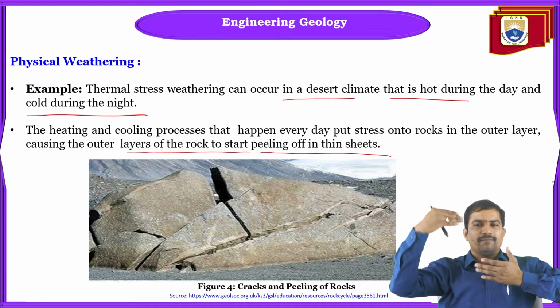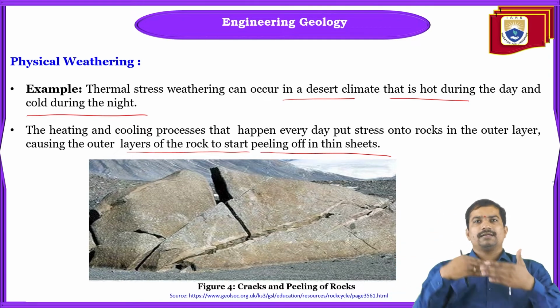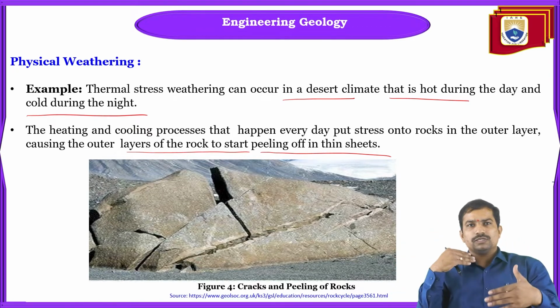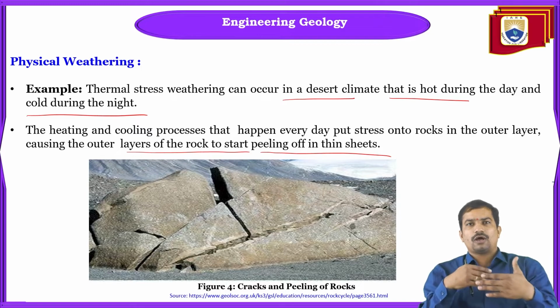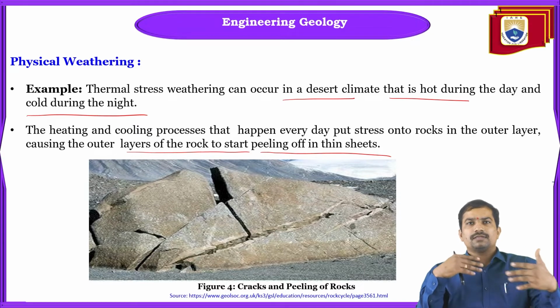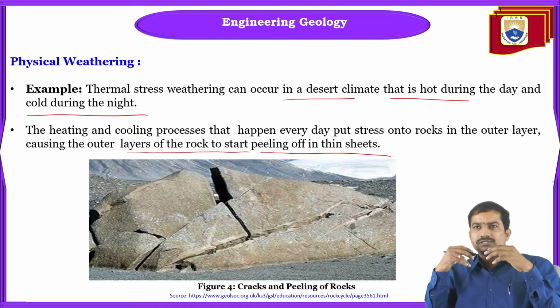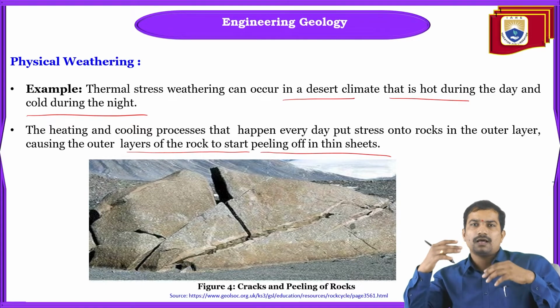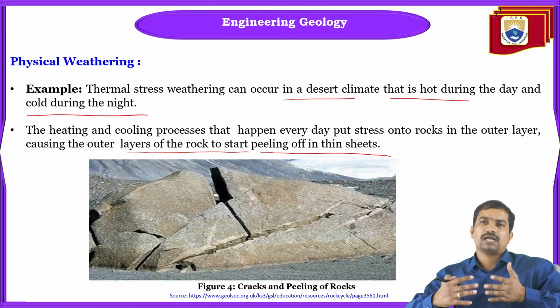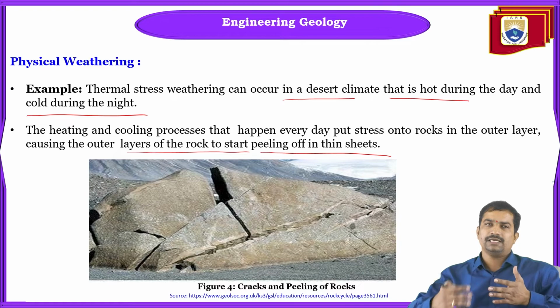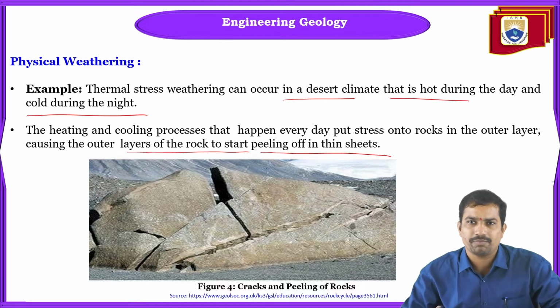In the day the temperature may be hot, and in the night the temperature may be cool. Due to this continuous freezing and thawing effect, freezing in the night and thawing in the day, the continuous heating and cooling put stresses onto the rocks, where the outer layer of the rock starts peeling off into thin sheets due to these changes in temperature.